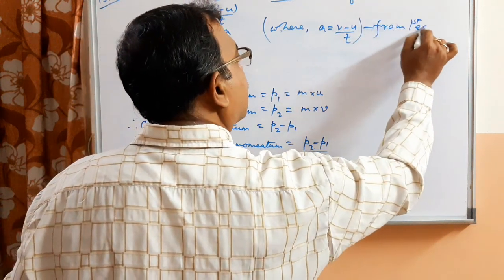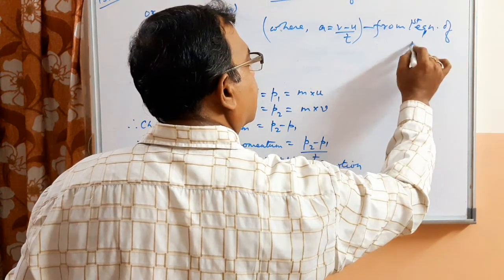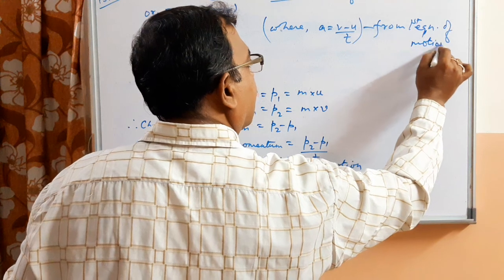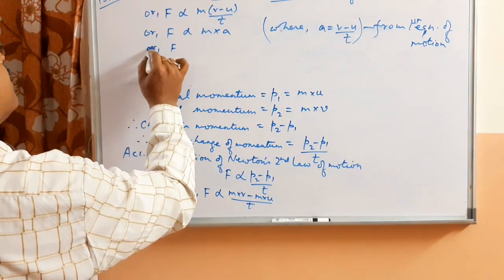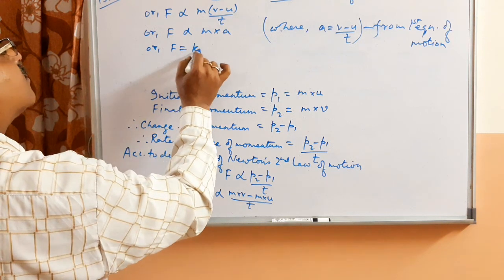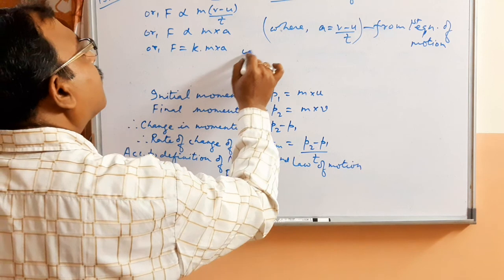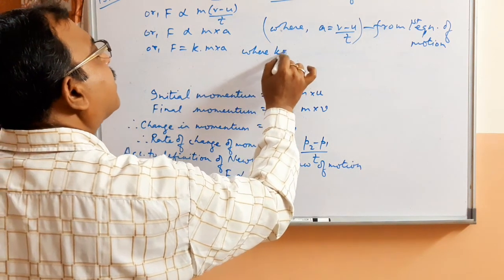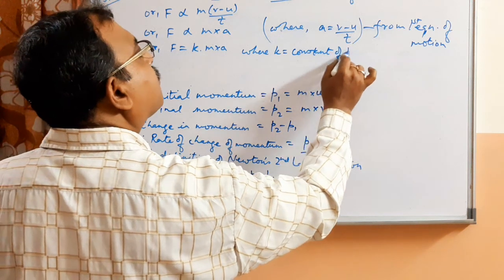Or F is equal to some constant k into m into a, where k is the constant of proportionality.